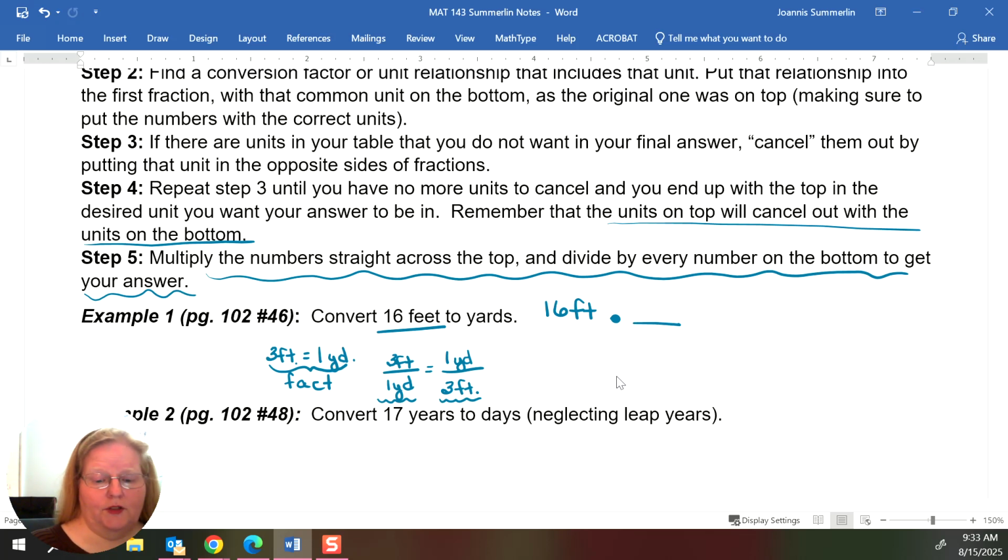Because I'm not looking for feet in my answer. I want yards to be in my answer. So if that's the case, I'm going to need my yards to be on top. So if yards have to be on top and feet have to be on the bottom, that means I'm going to want this one. So I'm going to put 1 yard on top and 3 feet on the bottom.